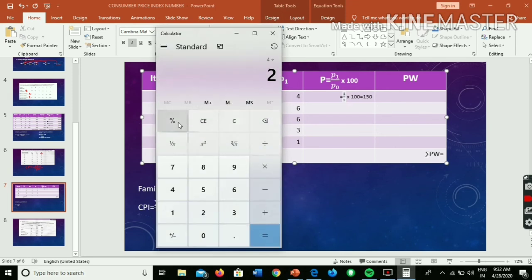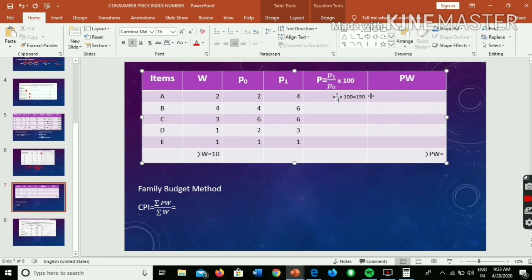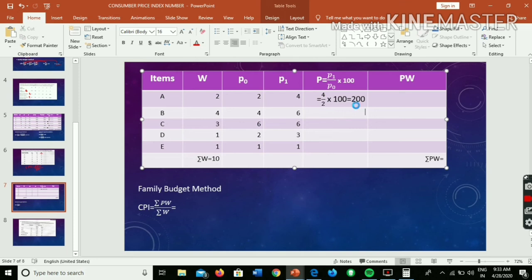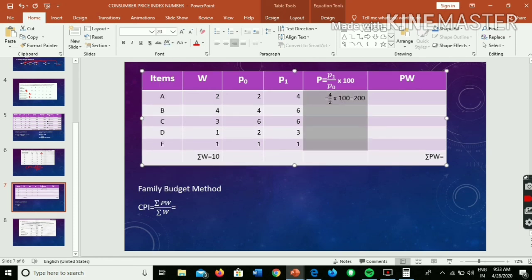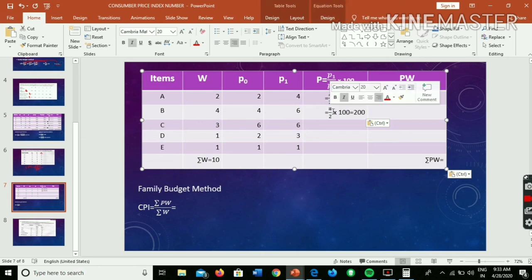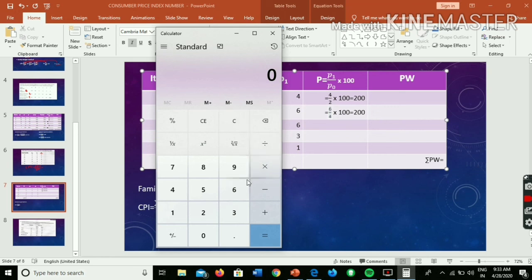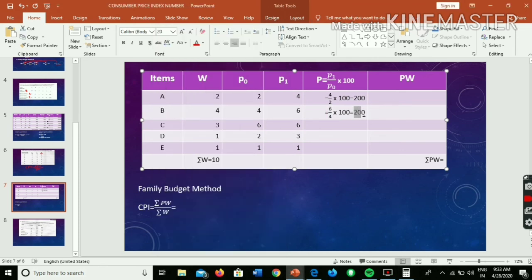Next, 6 divided by 4 into 100, which gives 150.